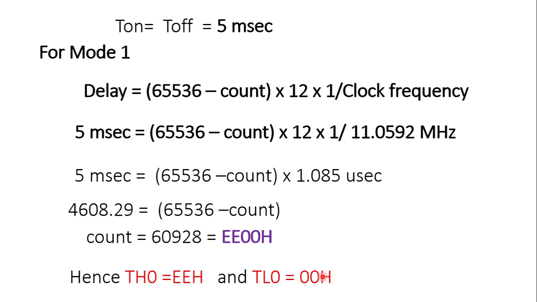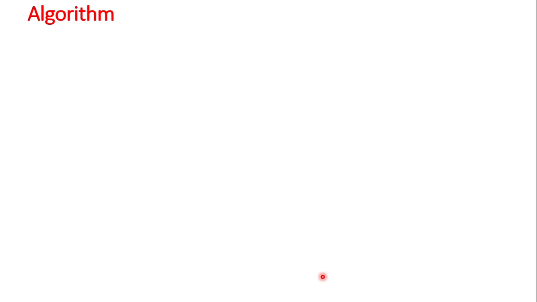So once you are done with the timer values, then it's time to go through the various steps that we are going to follow before writing the program. It is as good as writing the algorithm. So algorithm is a step-by-step description of the steps which you will follow in your assembly language program.